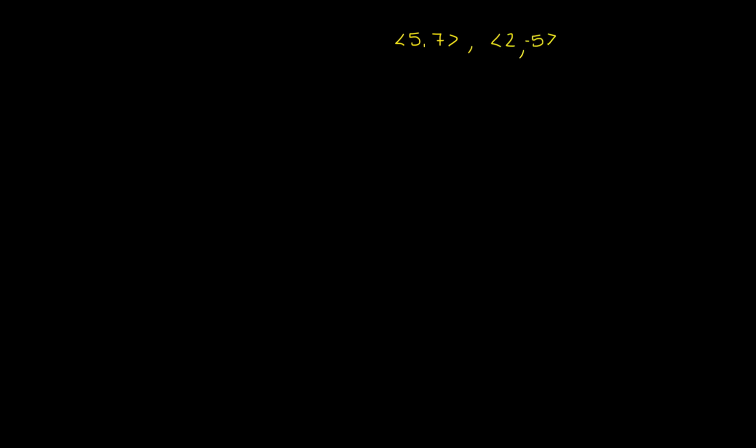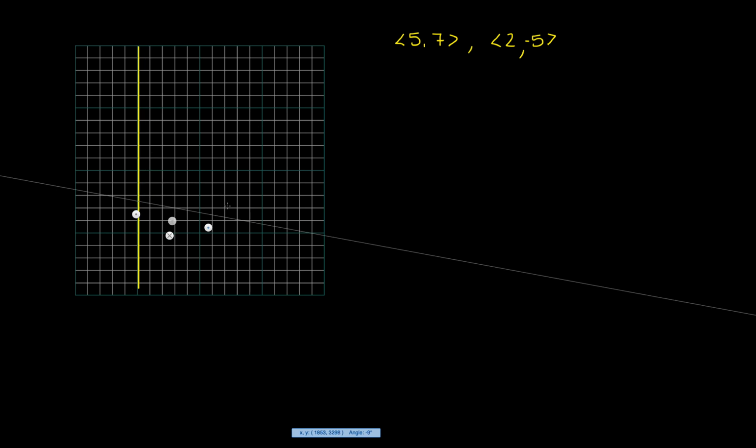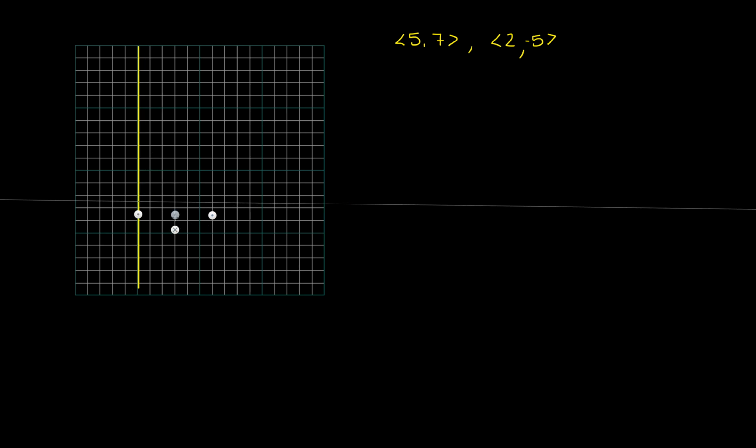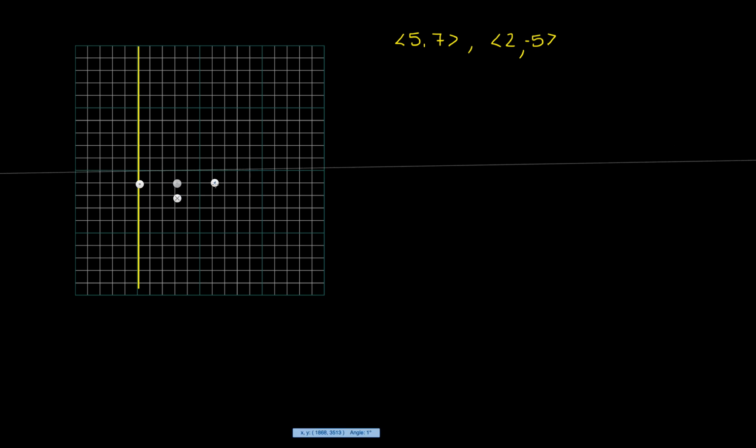All right, so I'm going to grab my graph this time, and I'm going to graph this. So I think I'm going to move it over to the edge here. Rotate it. Move this up. I want to be a little bit accurate here. All right, so this first one is (5, 7).